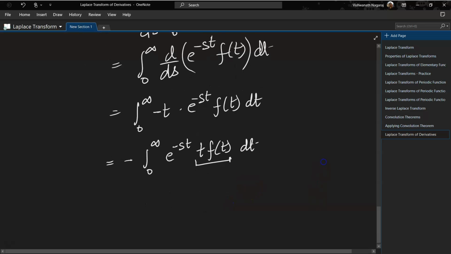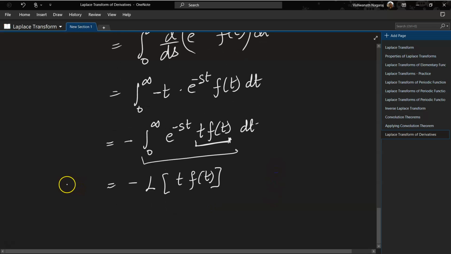Then how does this look? This is nothing but the Laplace transform, right? If you treat this whole thing as a single function, it is nothing but the Laplace of t f of t.